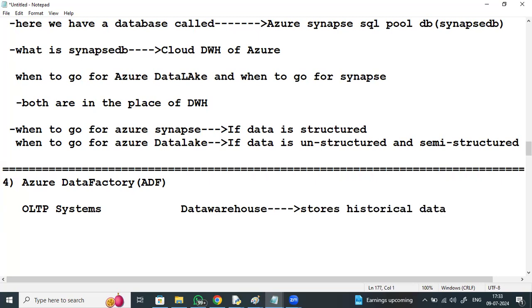Up to now, we have discussed three services. Azure SQL comes here as OLTP, and here is the data warehouse. Azure Data Lake we have got, a distributed file system. Azure Synapse.